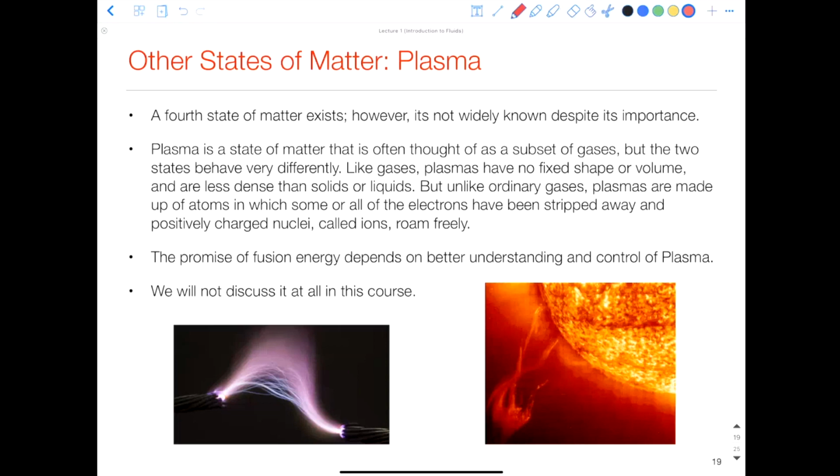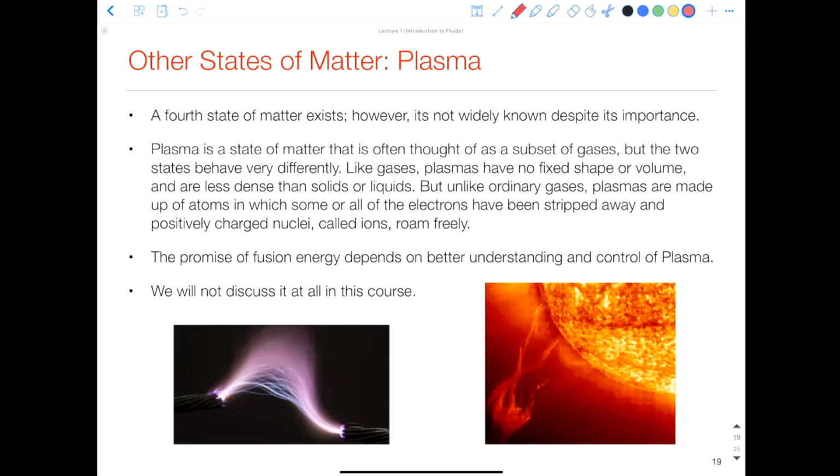It's less dense than solids or liquids, but it's different than ordinary gases because it's made up of atoms where most or all of the electrons have been stripped away. So it is just the nucleus of an atom, and these nuclei, because they have no electrons, become extremely charged. So imagine a supercharged gas type state.